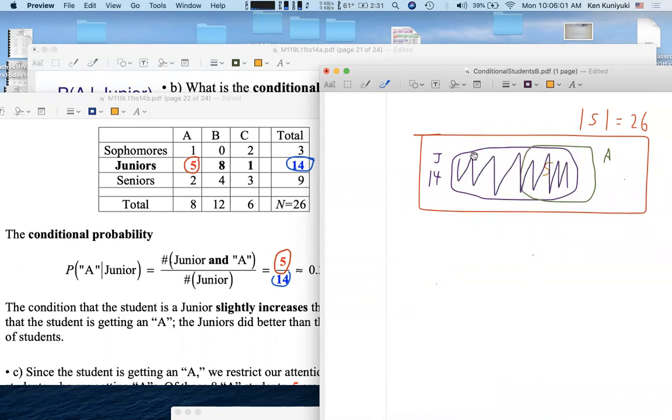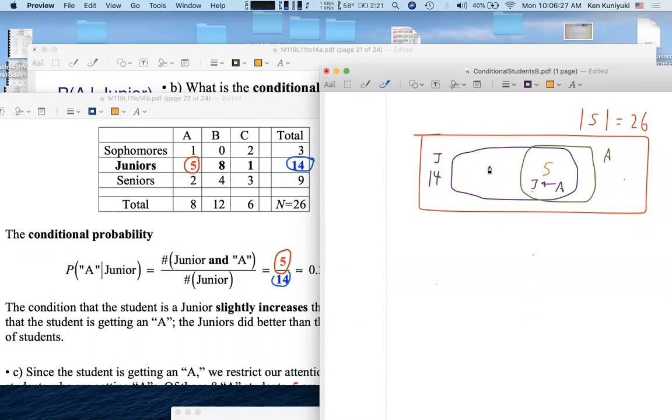If we aim our dart at this region over here, what is the probability that we're going to get in this overlap, this intersection, the 5 students who are juniors and getting A's? So once we're restricted to this new world of 14 juniors, what's the probability that we'll also get a student who's getting an A?